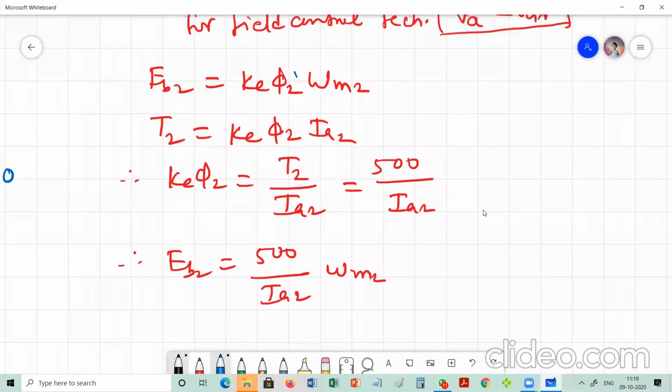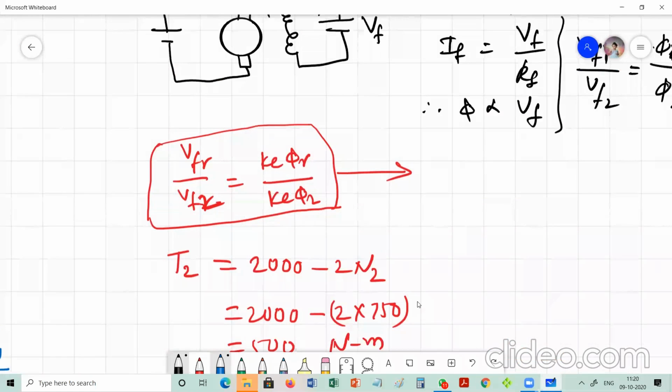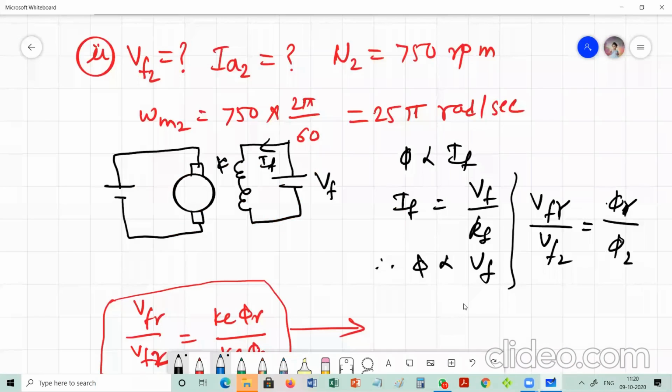See, in place of KE phi 2 I put 500 by IA2, into omega m2. We have calculated omega m2 is equal to 25 pi. So EB2 is 500 divided by IA2 into 25 pi.